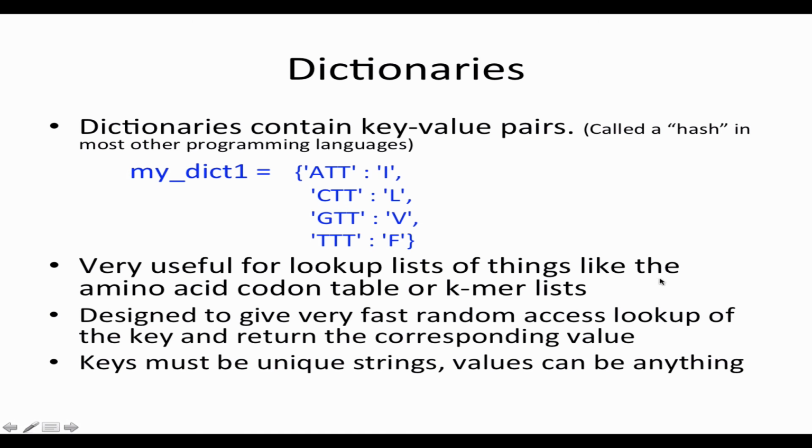So why are dictionaries important? Well, they're very useful as a lookup list. If you're going to frequently need to look something up, and you define it as a dictionary, the computer is able to keep in memory all the keys.